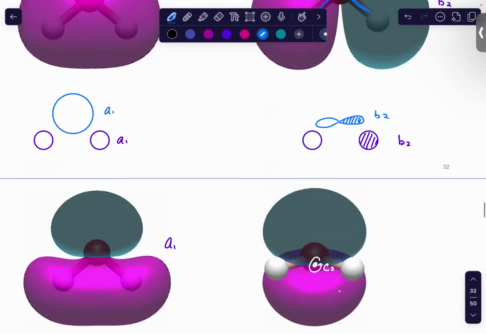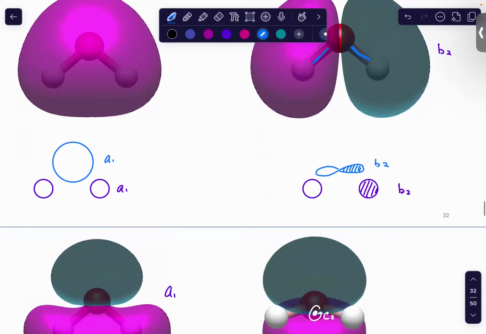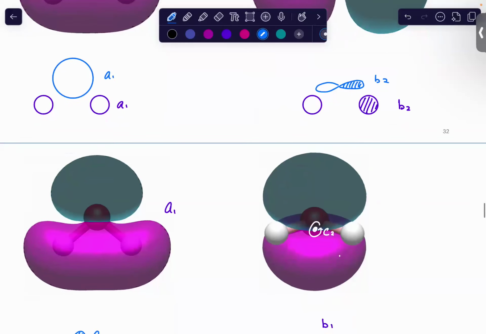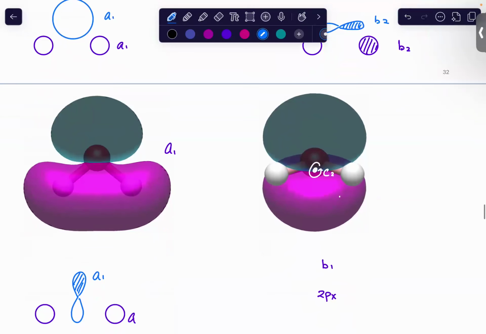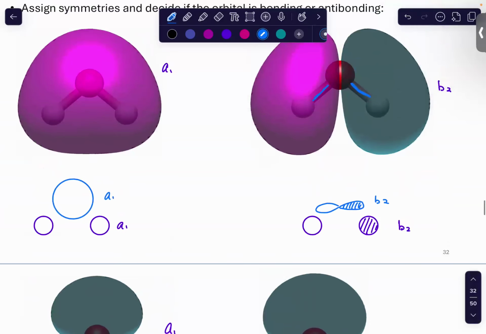So let's go back through and look at some of these. You kind of have three right there, 1, 2, 3 in the bonding regime. What do you think is lowest energy to highest energy? I would say A1 is the lowest. Yep. And then I guess that one's the lowest, the top left one.